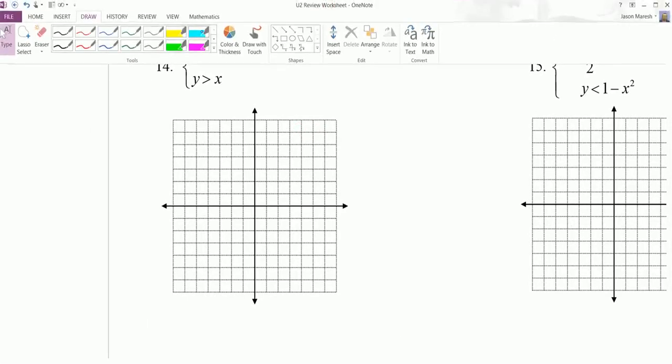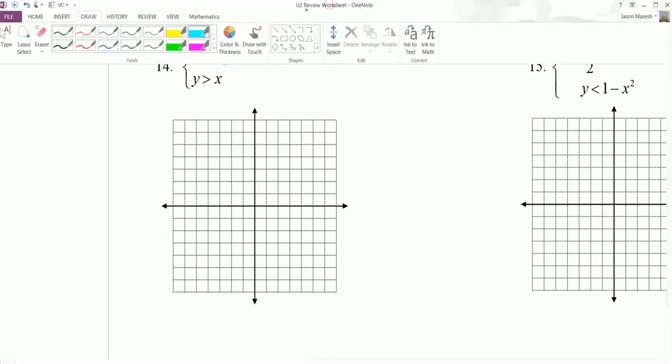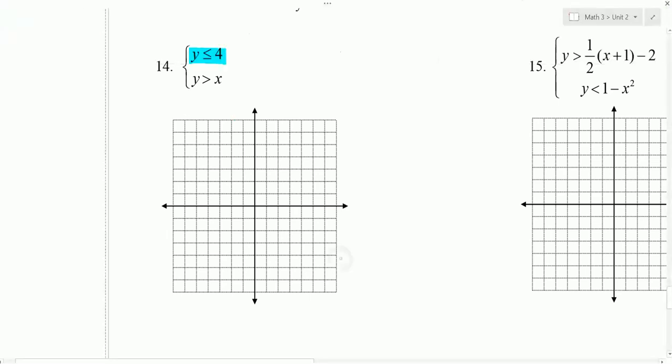So I'm going to use some colors here. First, graph that in blue. Y is less than or equal to 4. Well, if I just graphed y equals 4, 1, 2, 3, 4 on the y-axis, this line right here is y equals 4.